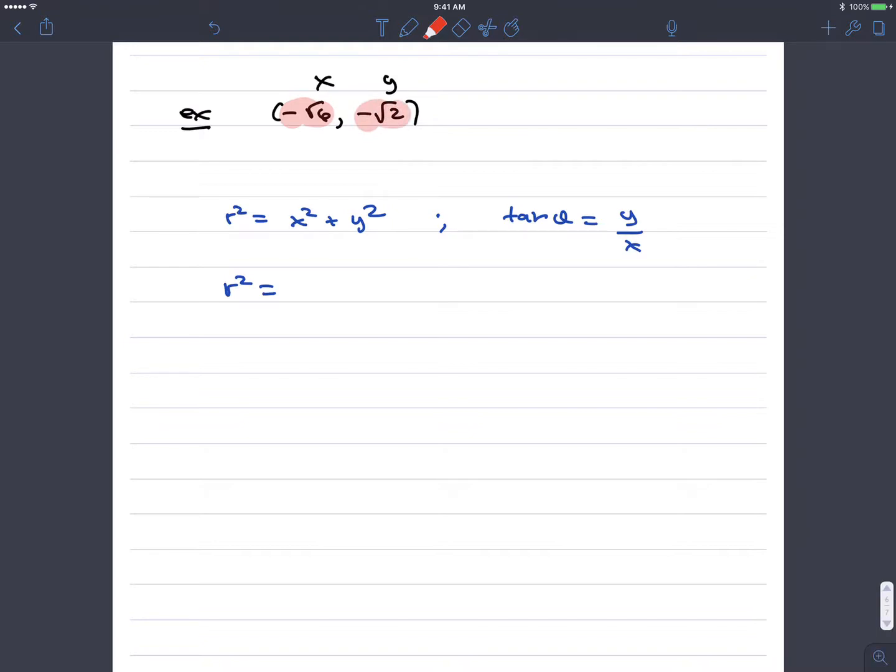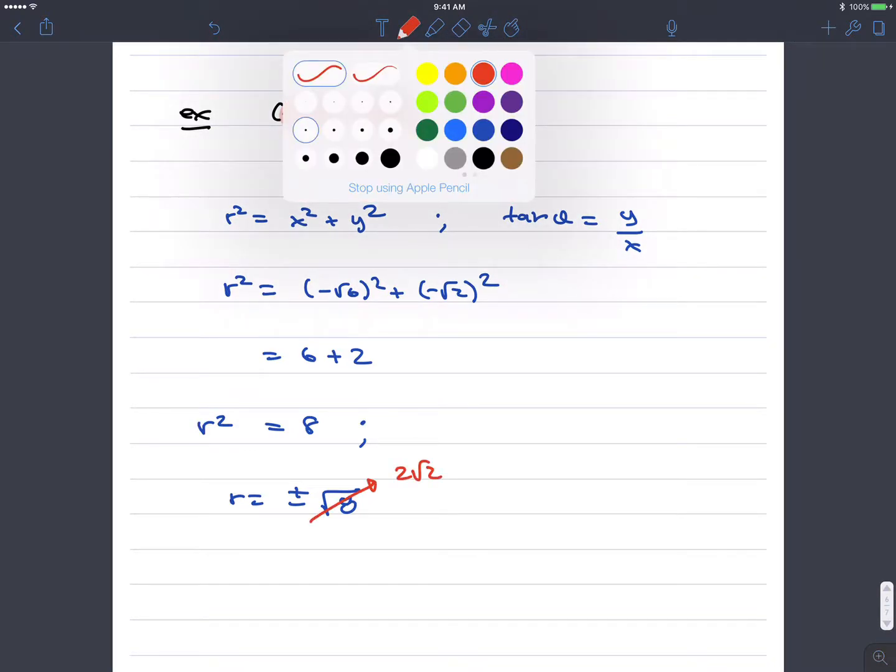Negative square root of 6, negative square root of 2. R squared is 8. What does that mean about r? Plus or minus square root of 8. Do you guys know this is 2 square root of 2? Okay, you okay with that?